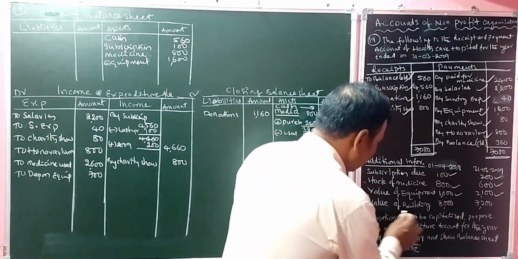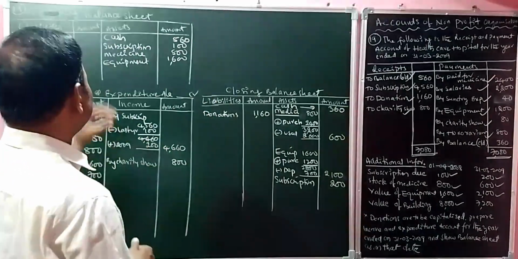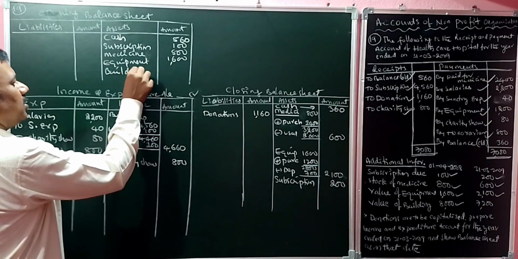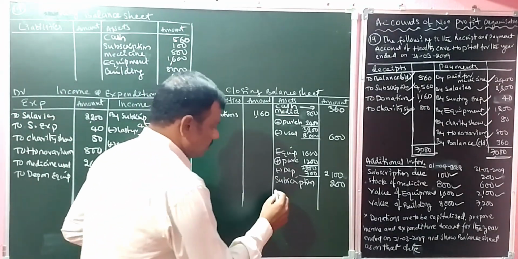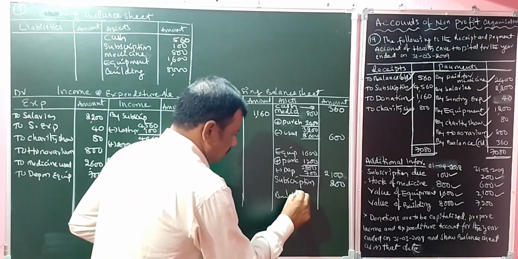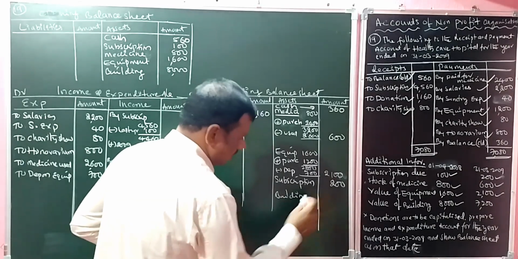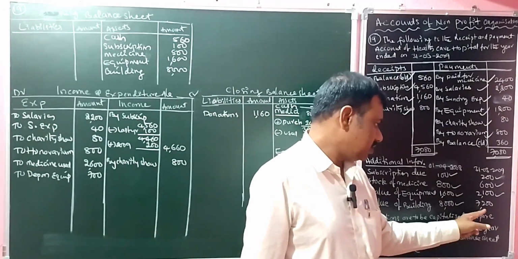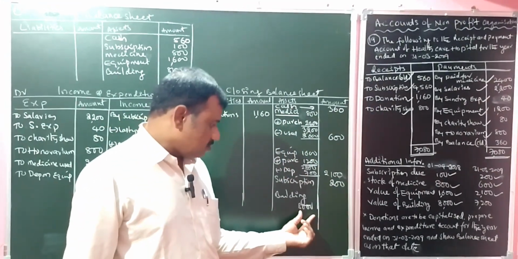Next one is value of building, 8000 rupees. So first time it is opening balance sheet asset side, building. So building 8000 rupees. Second time it is closing balance sheet asset side, building. So building, how much? 8000 rupees inner column. Just write inner column. Okay. So one more value is given. Closing building value is 7200. So what happens here? 8000 rupees value becomes 7200.